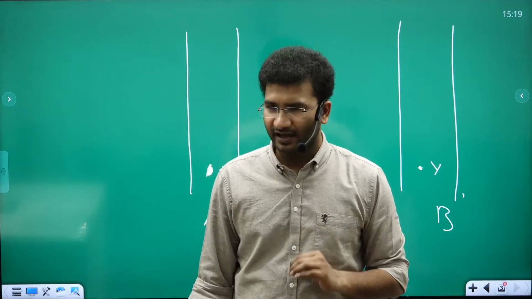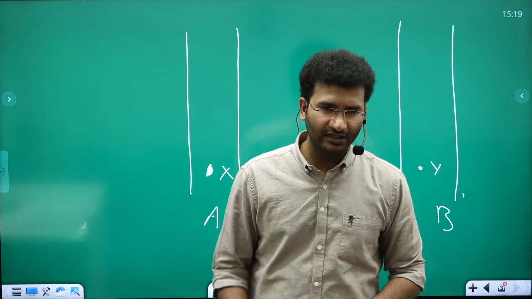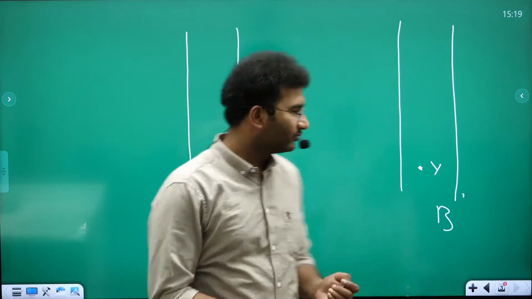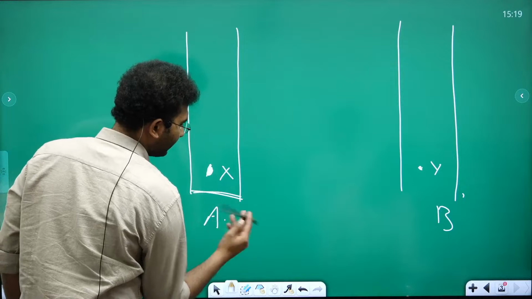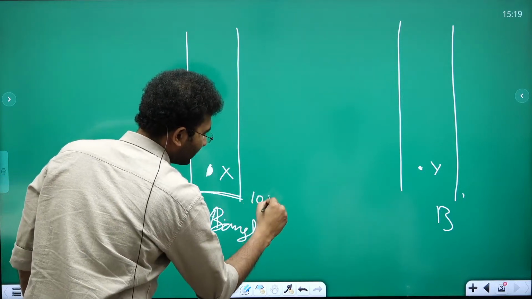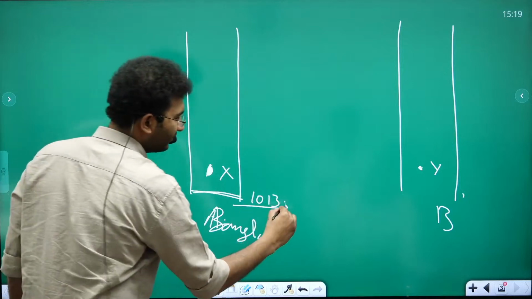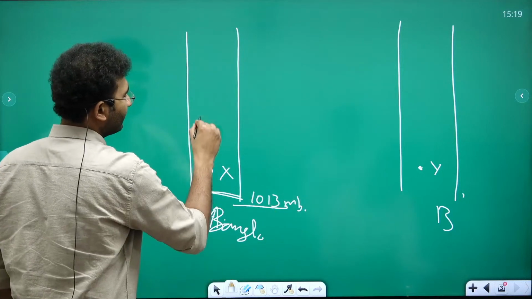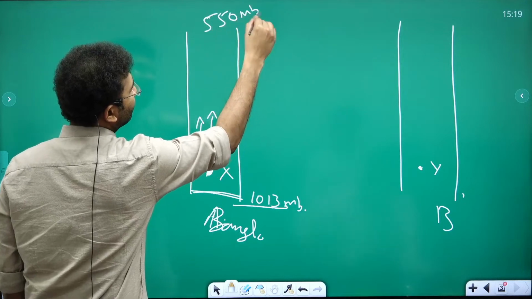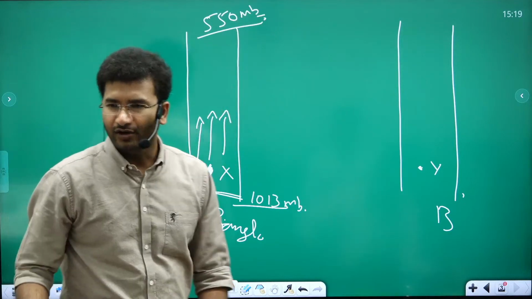In reality, imagine if there is no gravity on the earth, all the air would go up, and it will be going. Today, I told you, in place A, imagine this is your Bangalore. The 1013 is the sea level pressure in millibars, and the wind should go up because here 550 millibars is there. It is not always true.